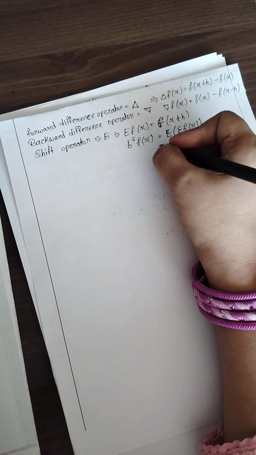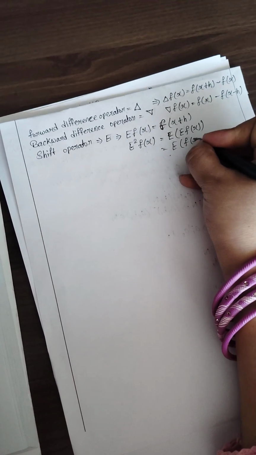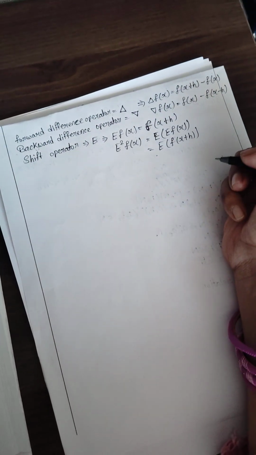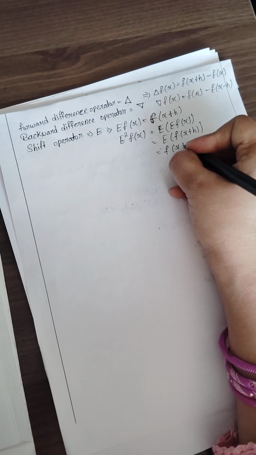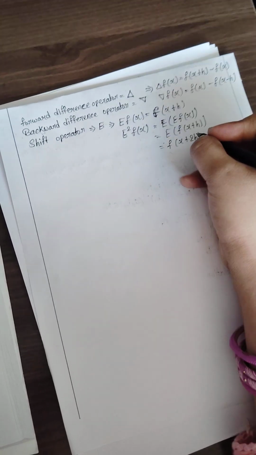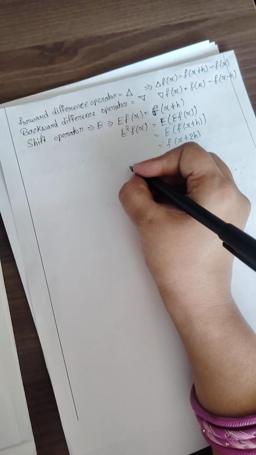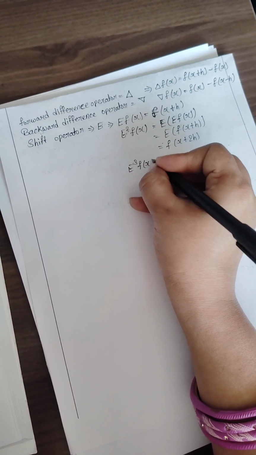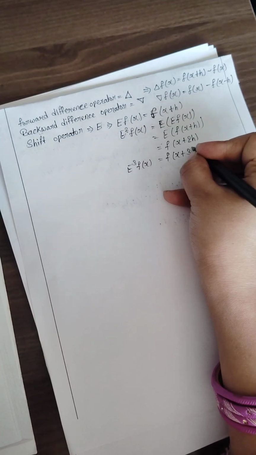Now E of f of x, as we know, is f of x plus h. Now again, if you operate the shift operator on f of x plus h, that will give you f of x plus 2h. So here the power is 2, so we are getting 2. Similarly, E cube f of x will give you f of x plus 3h.